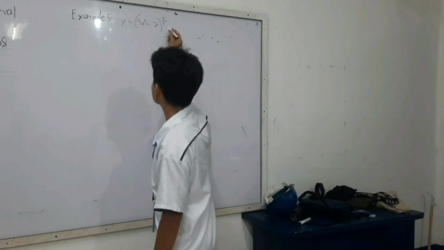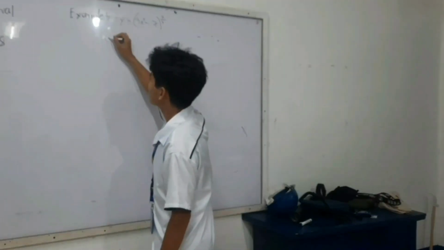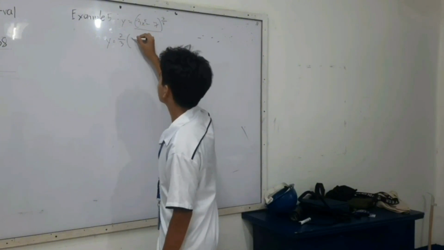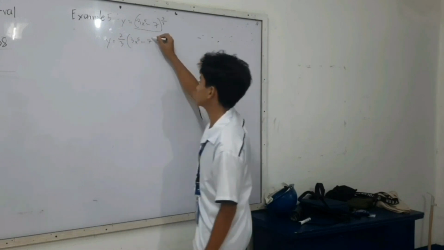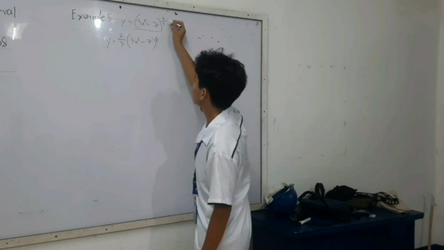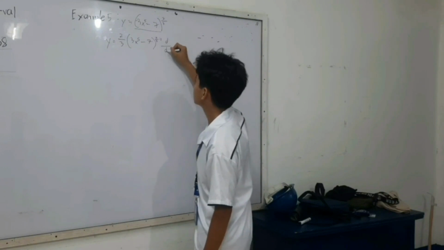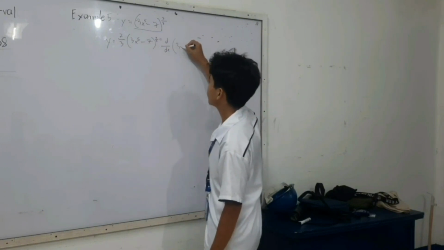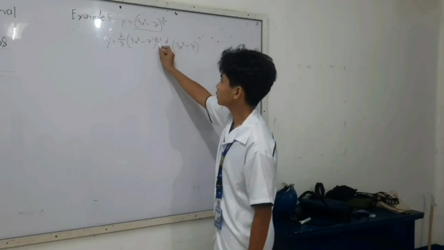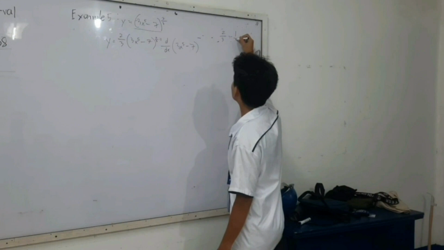So what we're going to do first is, what we did in example number 4, bring this down, 3x raised to the power of 5 minus 7, and 2 over 3, we just copy this as well, and minus 1 with derivative. What we're going to do is subtract this. So, 2 over 3 minus 1 over 1.